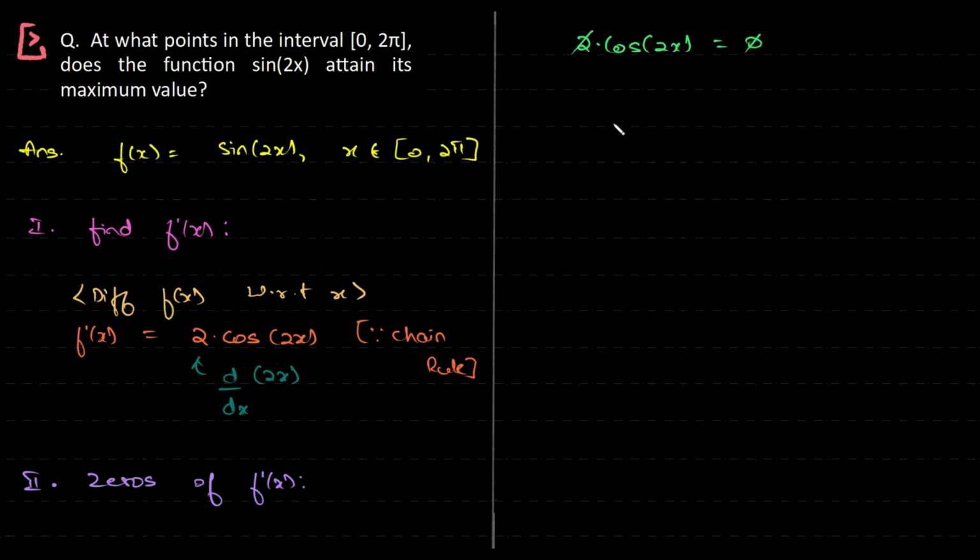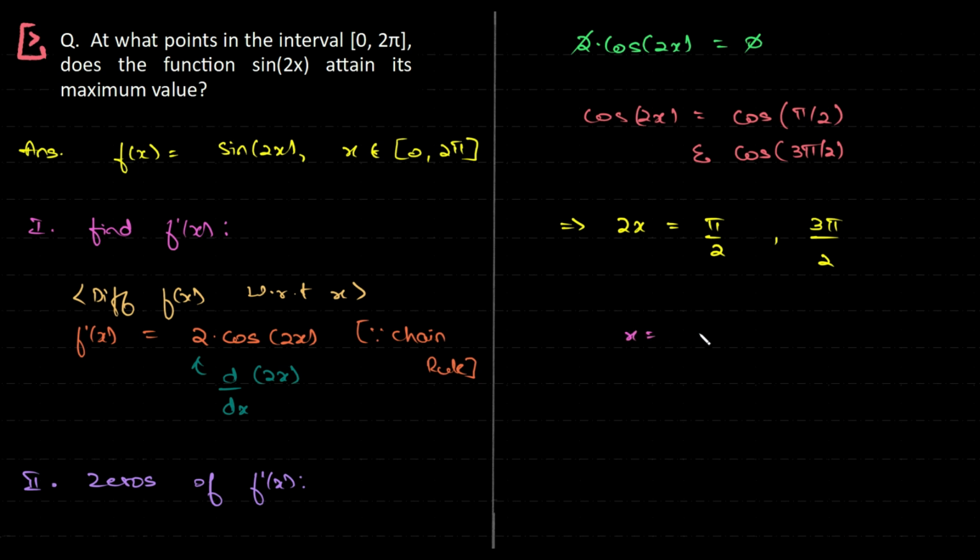And I can cancel the 2 and write cos of 2x as cos of pi by 2 and cos of 3 pi by 2. From this I can infer that 2x is equal to pi by 2, 3 pi by 2. So obviously x will be equal to pi by 4 and 3 pi by 4.